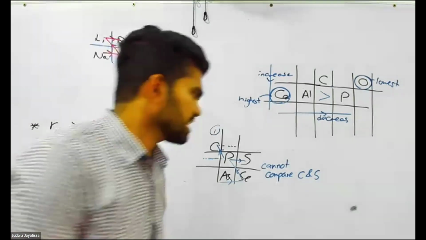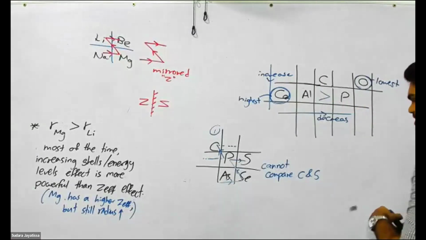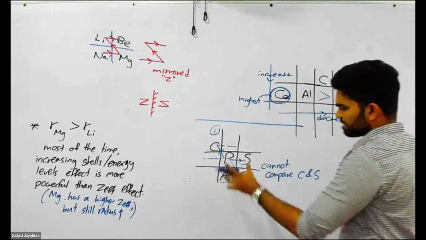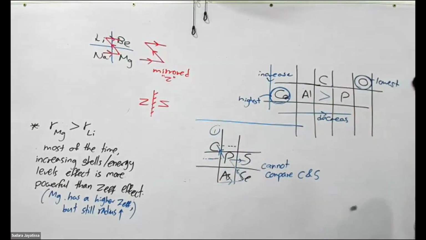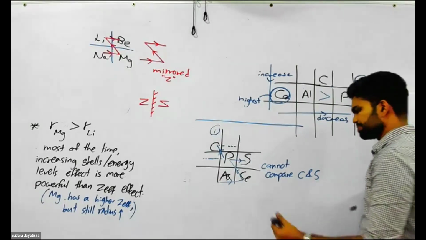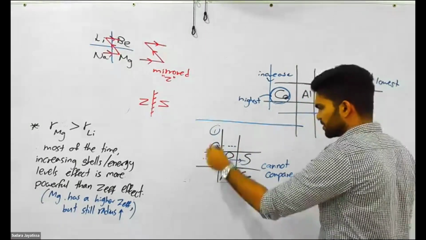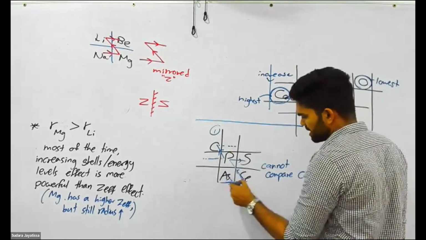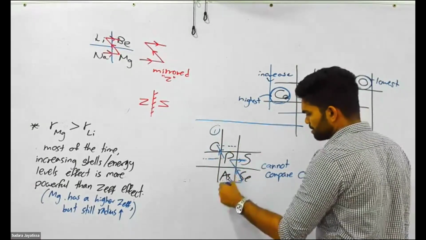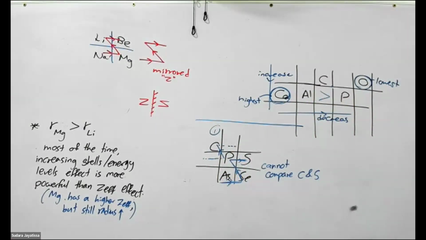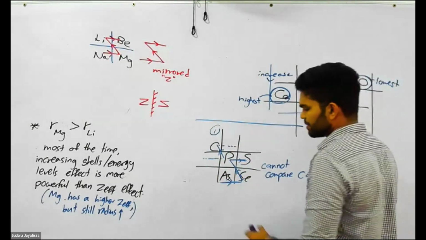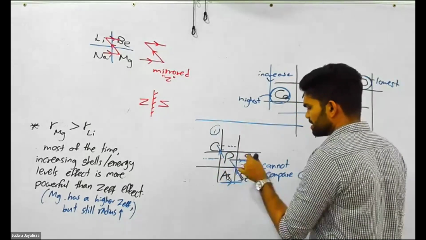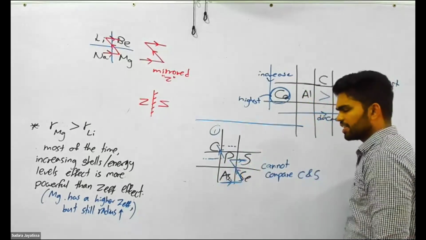Okay. So I'll explain again how to get the first question. Put those elements in the squares. According to the periodic table, this is how those elements are arranged. And apply your mirror descent. Mirror descent will tell you arsenic is larger than selenium, selenium is larger than phosphorus, phosphorus is larger than sulfur.